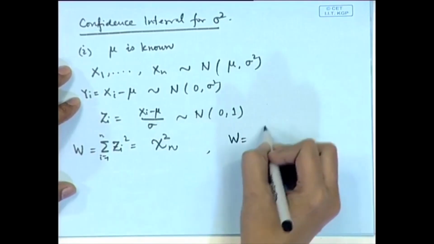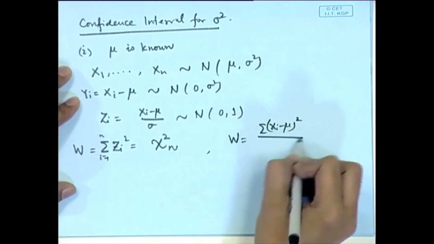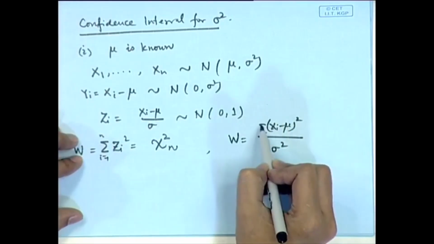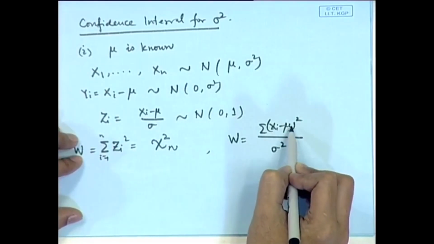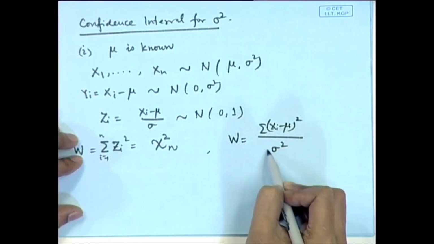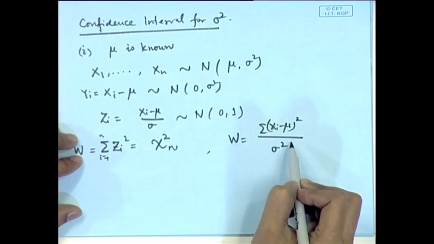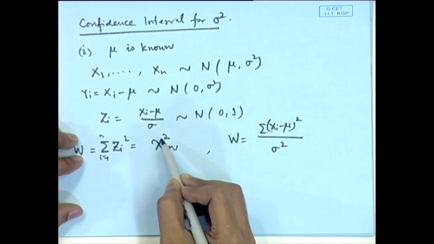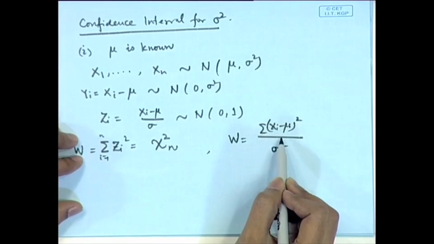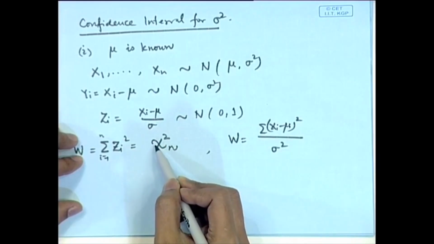Here w is actually the sum of (x_i minus mu) square divided by sigma square. If mu is known, then the numerator is based on the observations only, and the denominator involves the parameter. So, according to our principle of pivoting quantity, this can be taken as a pivot quantity, because its distribution is free from parameters.